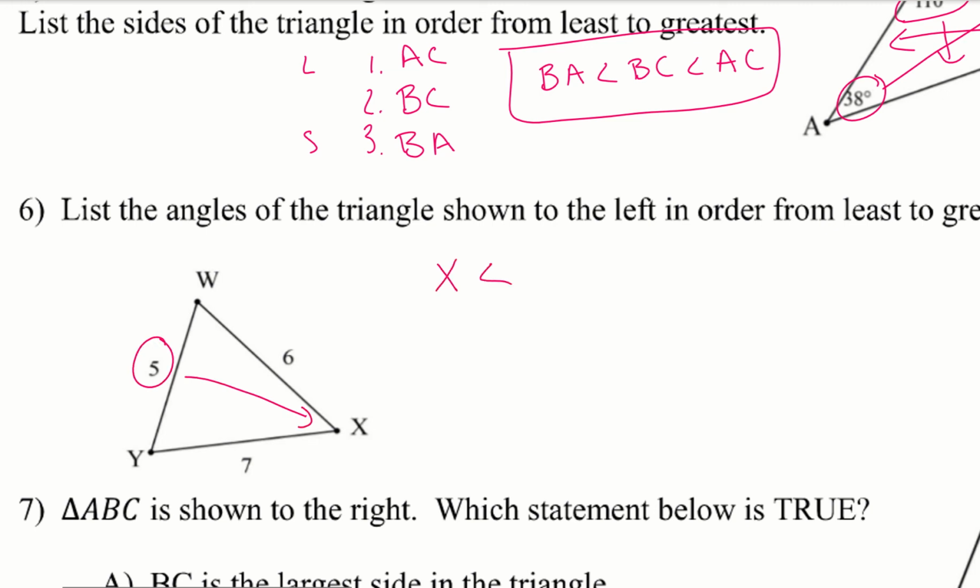So X is less than, now we have 6, which is less than Y, which is less than, we have 7, which is W. I'll also list it this way so we can see it. So X is smaller than Y, which is smaller than W. So Y is the largest and X is the smallest.